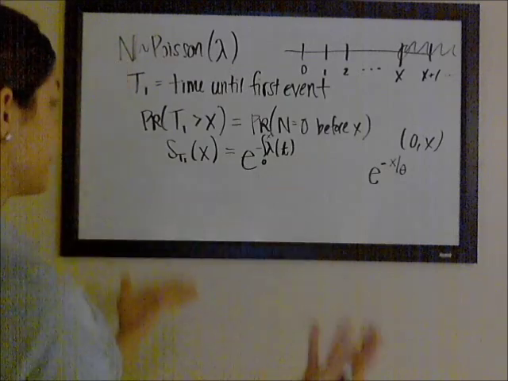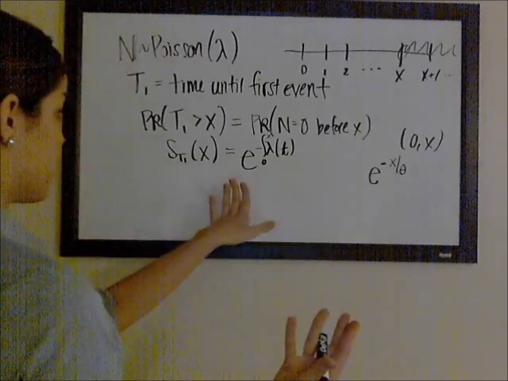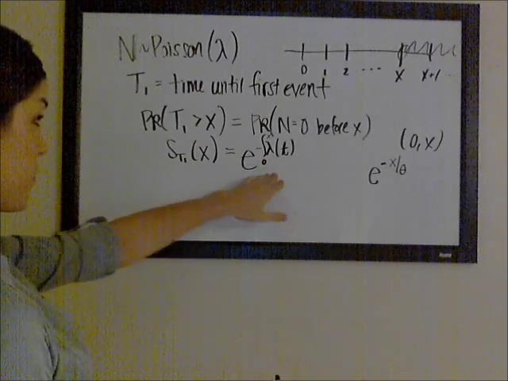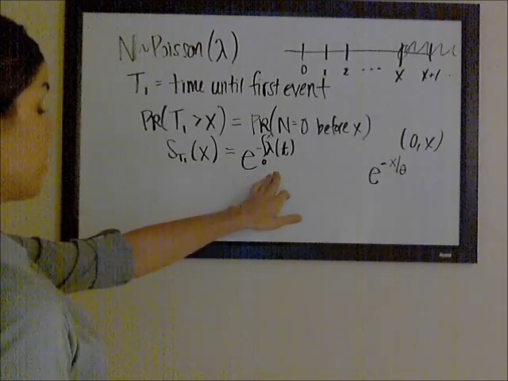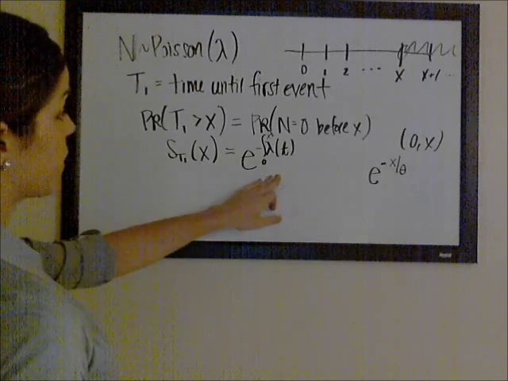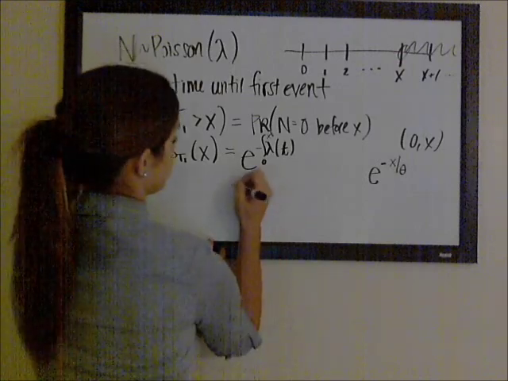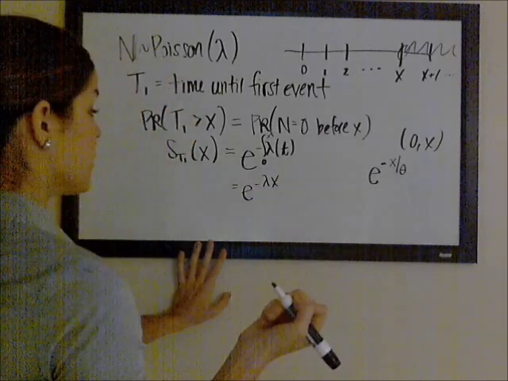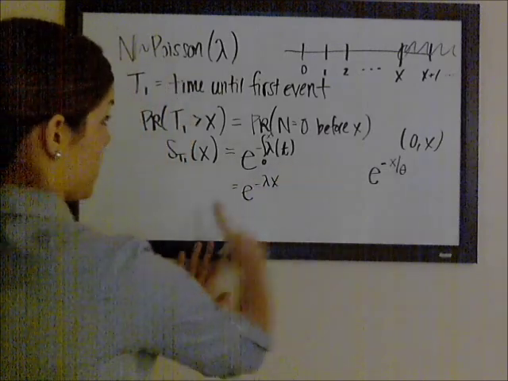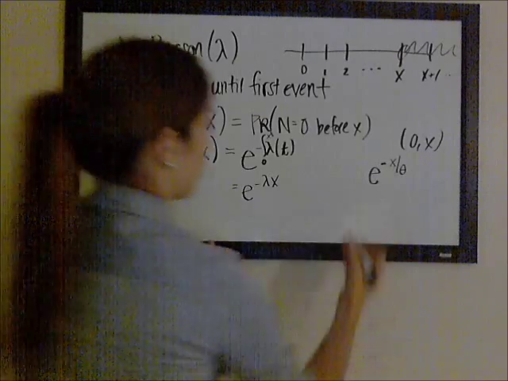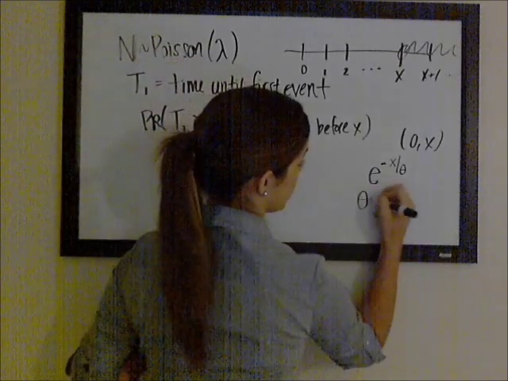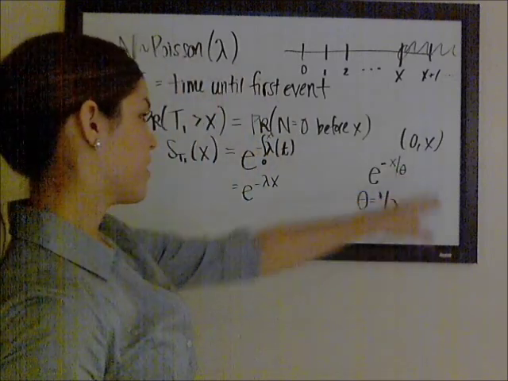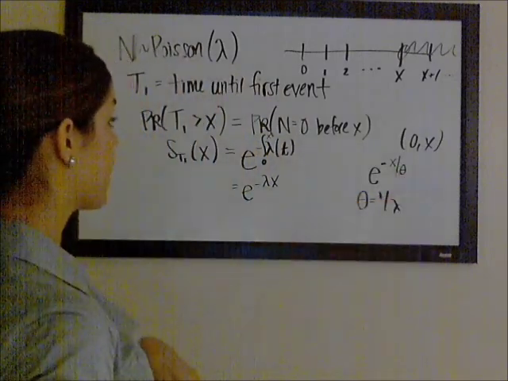It's easiest to see that this represents the survival function for an exponential distribution if you look at the case where lambda is homogeneous or constant, because then this simplifies down to e to the negative lambda x. So that would just be an exponential distribution where theta is 1 over lambda. If you plugged in 1 over lambda here, you would get this e to the negative lambda x.